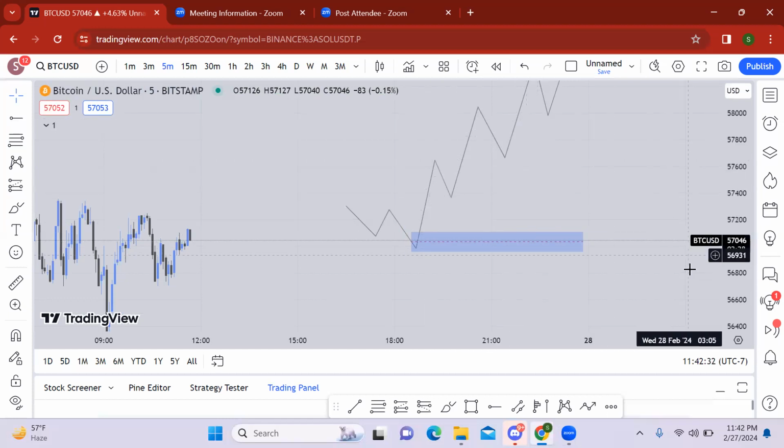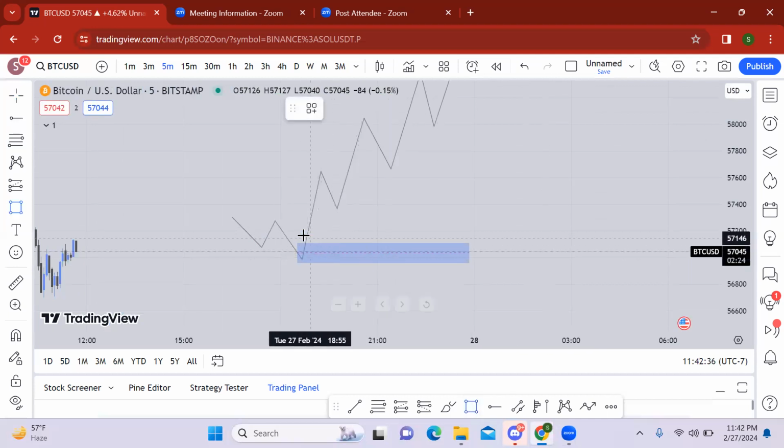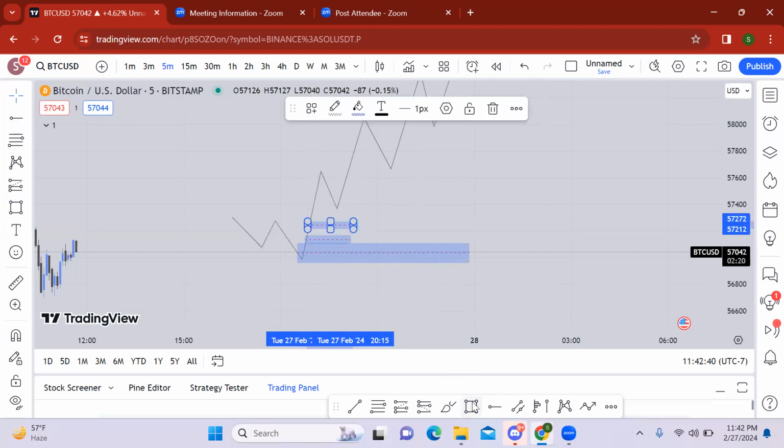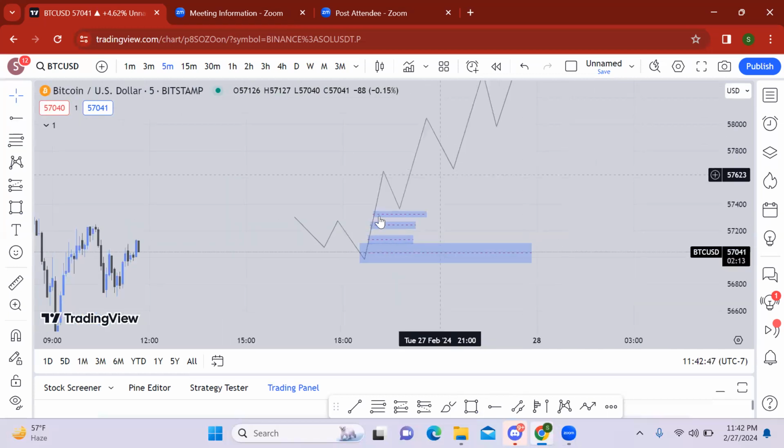Those are the valid imbalances. Sometimes three imbalances are created here. Like this is your order block, one imbalance here, second here, third here. So you will observe these things on a real chart: okay, there are three imbalances. Where should I bid? First two tricks I will give you. One, the nearest imbalance with the order block, you have to bid.